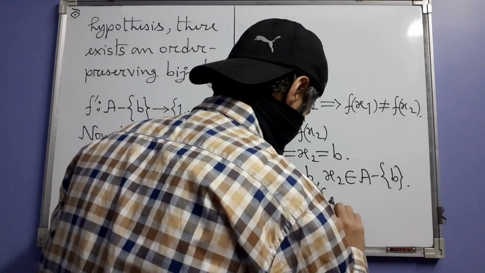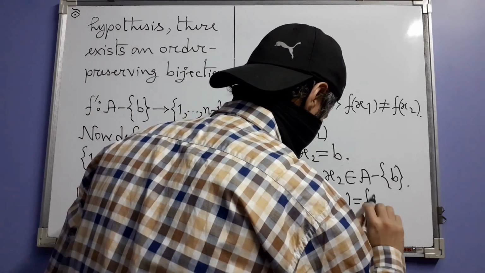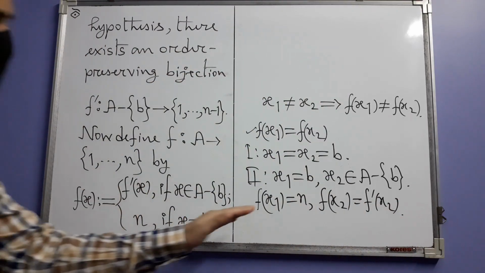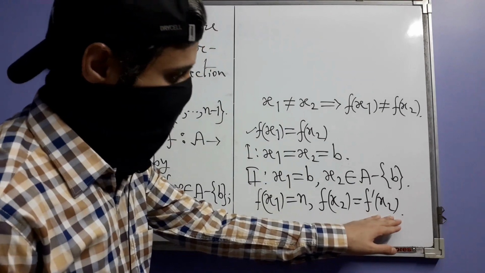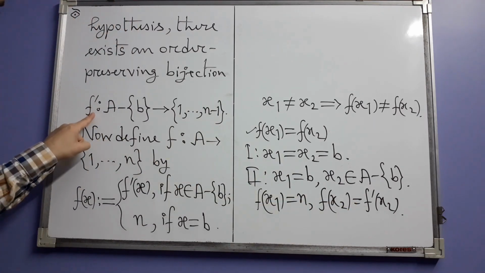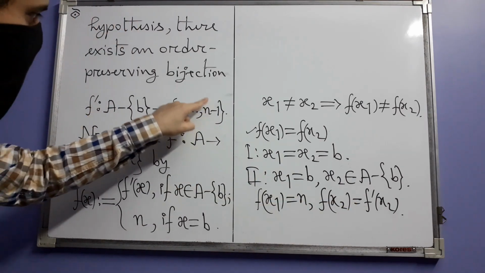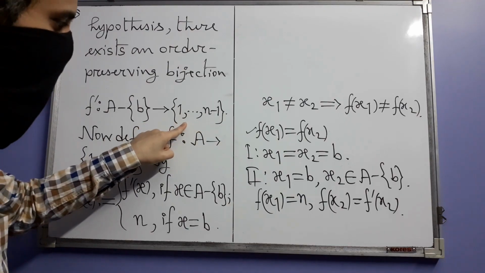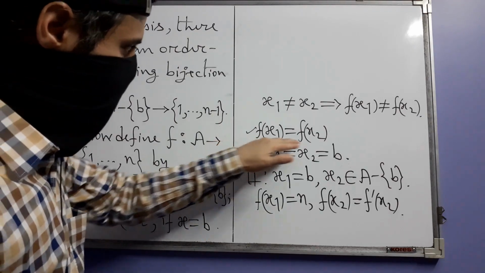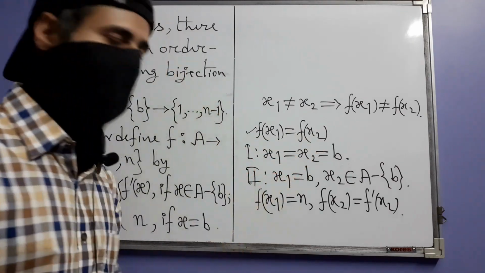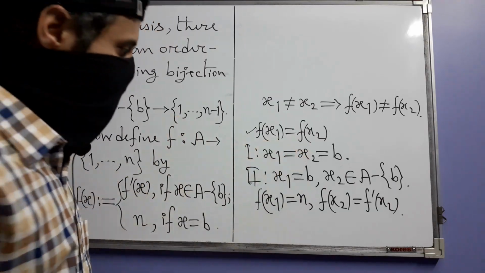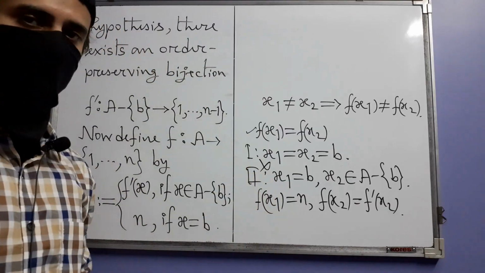However, f of x2 is what? f prime of x2 by definition. Now, is it possible for this f of x1 to be equal to this f of x2? No. Why? Because you see, f prime is a function whose outputs lie here, and n is not one of the outputs. That is why you cannot possibly have this equality if this is the case. That means this case actually does not arise. So this case itself is ruled out.